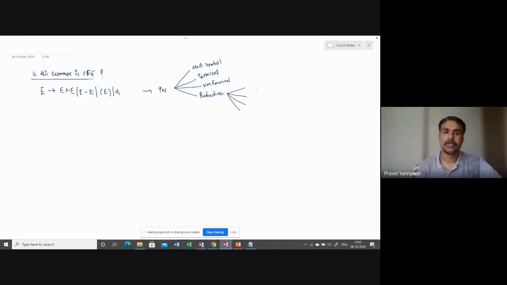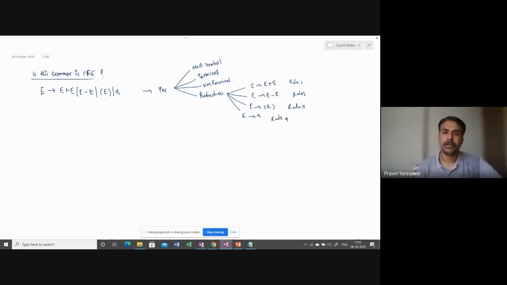E implies E plus E is one production. E implies E minus E is one production. E implies (E) is one production. E implies A is one production. So this is rule 1, rule 2, rule 3, and rule 4.